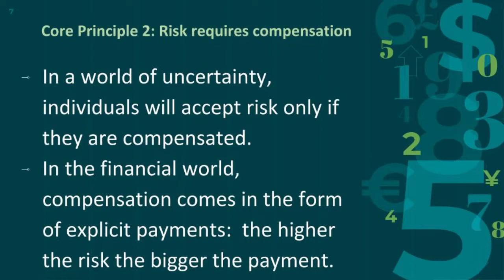So in a world of uncertainty, individuals will accept risk only if they are compensated, and the compensation comes in the form of explicit payments. Essentially, you should expect the higher the risk, the higher the payment. In other words, the higher the risk that you're taking, the higher should be your expected return on investment. It's obviously not guaranteed because you have a risk.